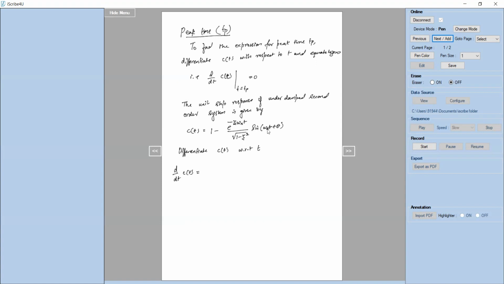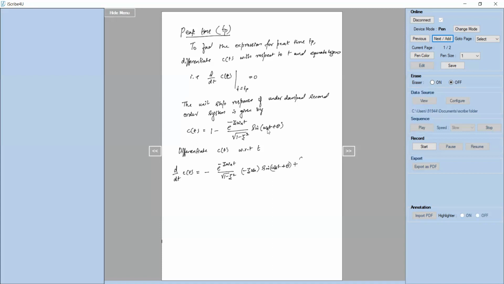So I differentiate the first function, which is e power minus zeta omega n t divided by square root of 1 minus zeta square, into minus zeta omega n, into sine of omega d t plus theta. I differentiated the first term and kept the second term as it is.